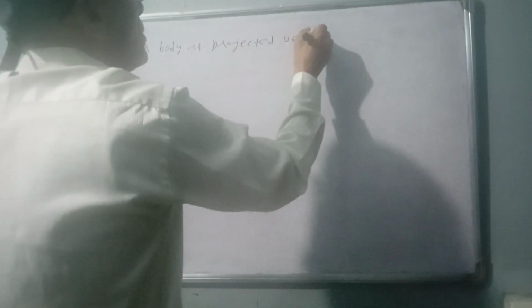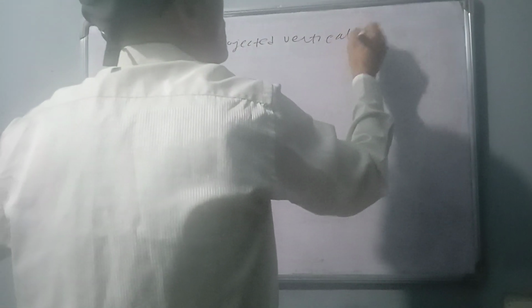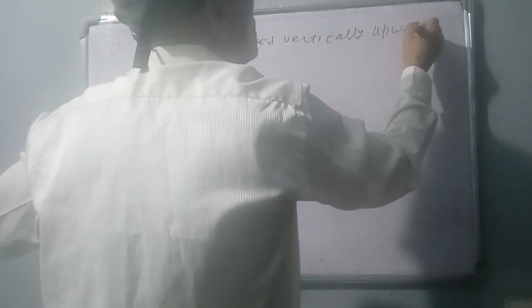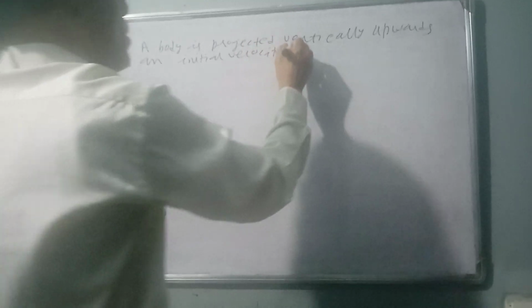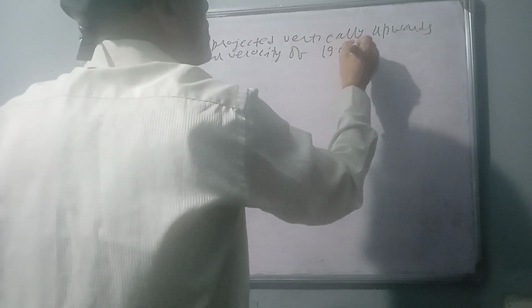I write one question for upward motion. A body is projected vertically upwards with an initial velocity of 19.6 meter per second.